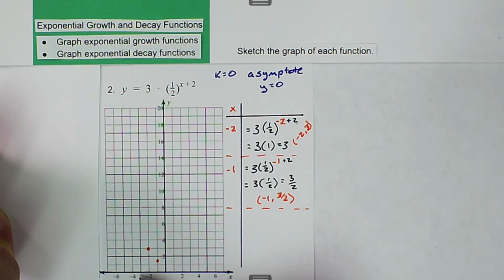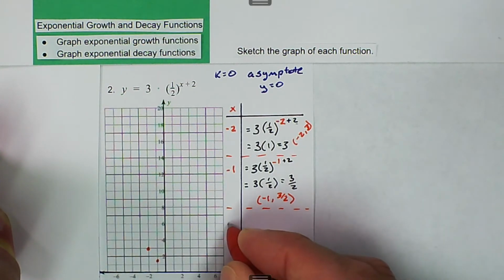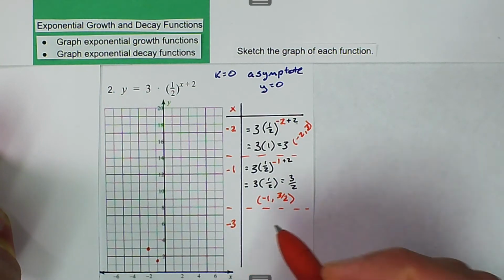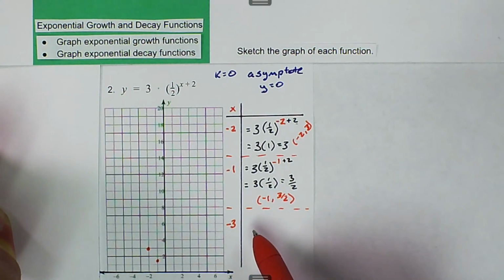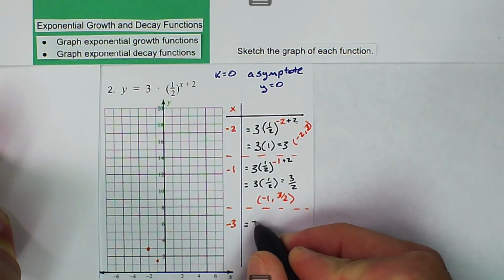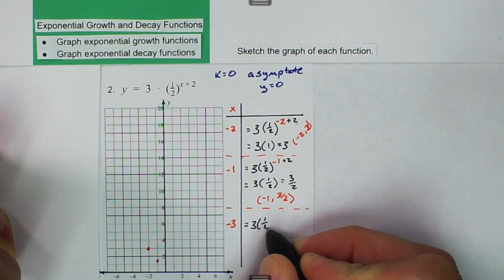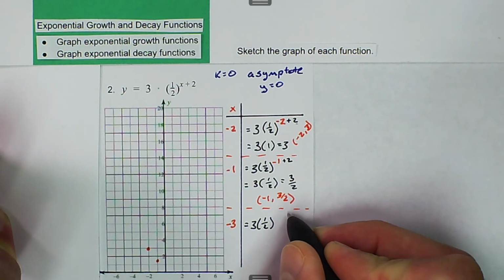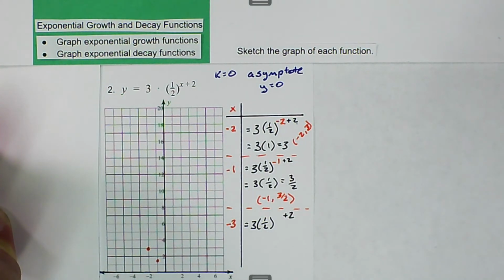So actually I'm going to pick -3 to see what the left side of my graph does over here. So I'm going to substitute in -3 into the equation. So we get 3 times 1/2 raised to the x plus 2, and I'm going to substitute in -3.